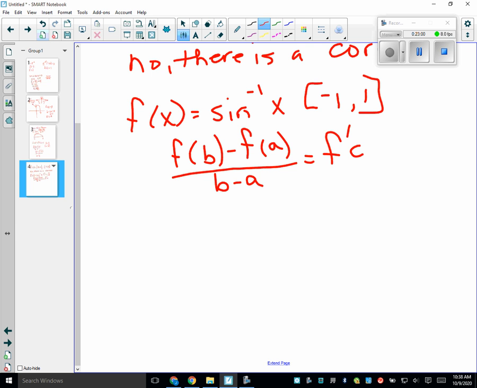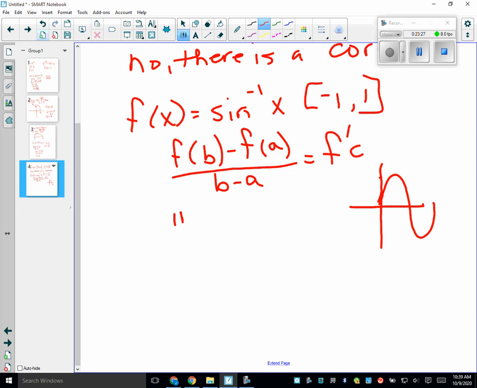So, doesn't the sine graph look like this? It's a 0. Does it? So, f of b is, when is sine 1? Pi over 2.